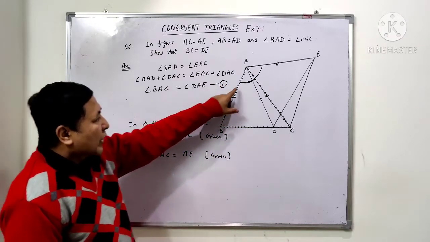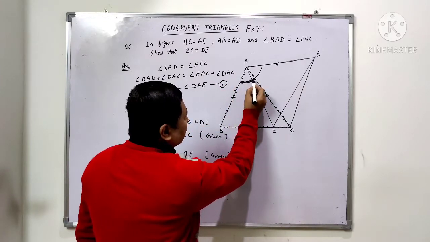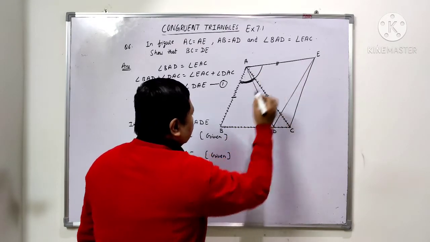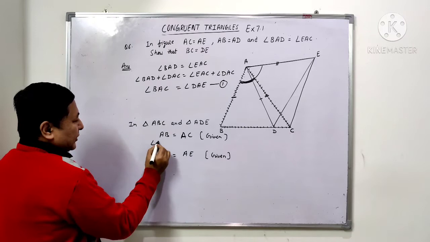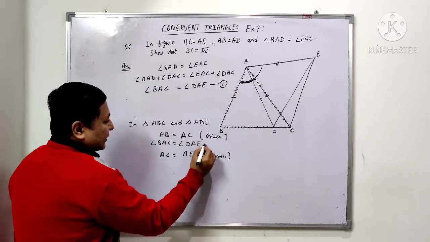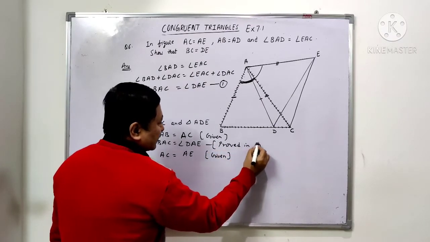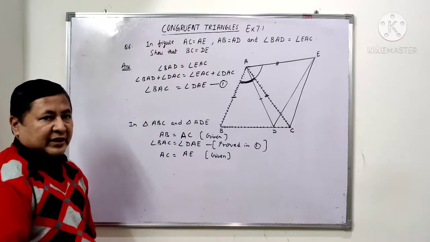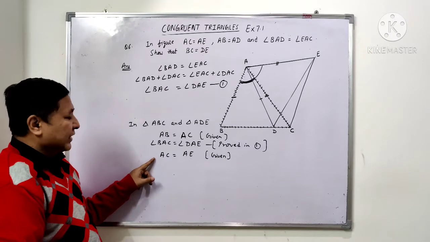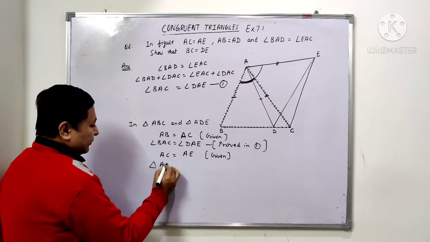Now this whole angle BAC is equal to angle DAE, that we have proved in 1. Now we can see that these two triangles are congruent. This is side, then we have angle, then we have side. So these two triangles are congruent.